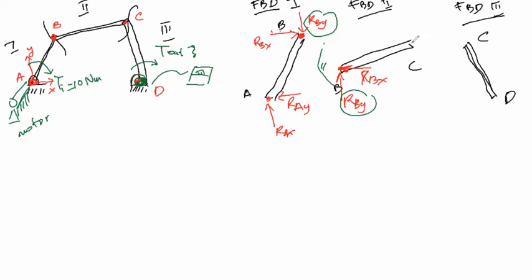Right, how about point C? Point C has also a reaction force. Let's assume in this direction RCx, and in this direction RCy. Here also, the reaction force at point C from body 2 and from body 3 should have the same value, but the direction should be opposite, RCx, and here it is RCy.